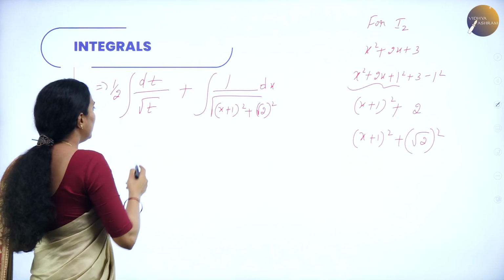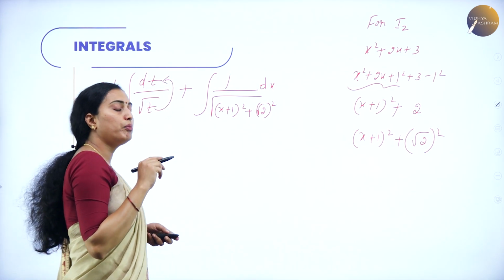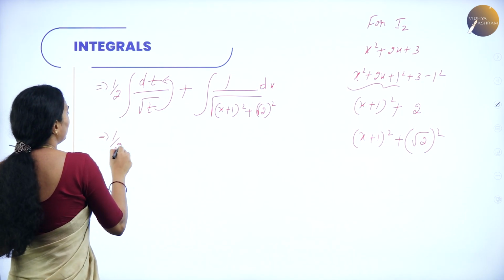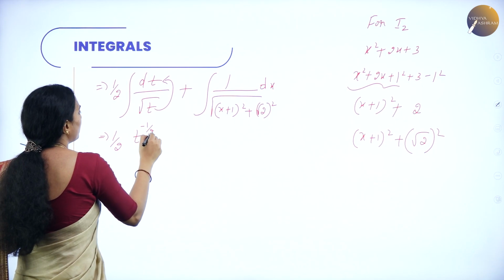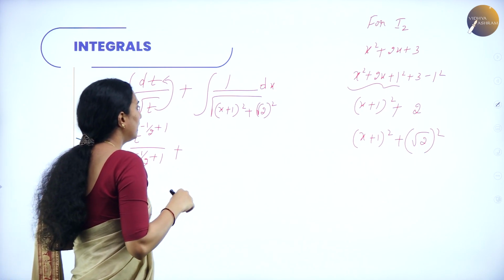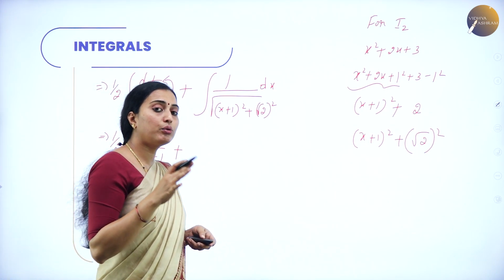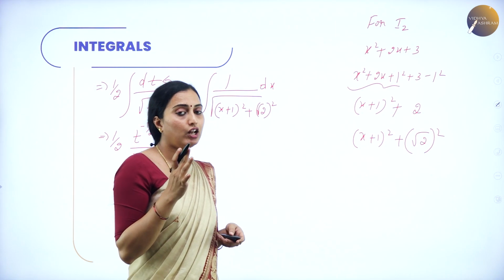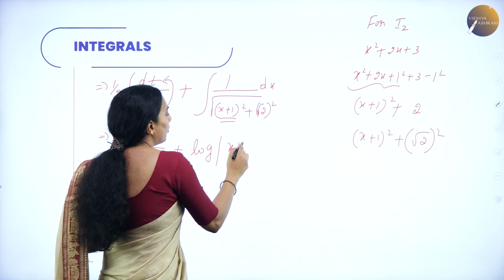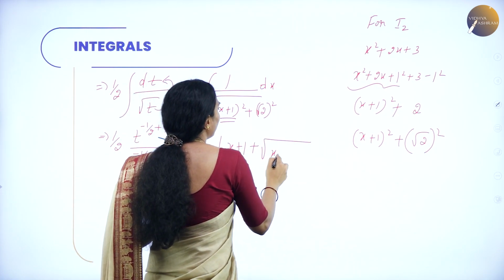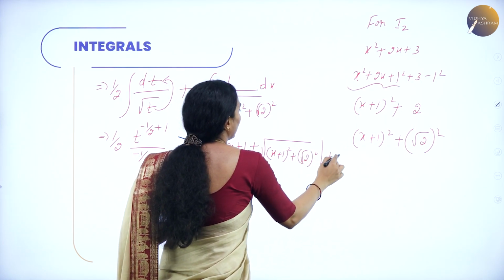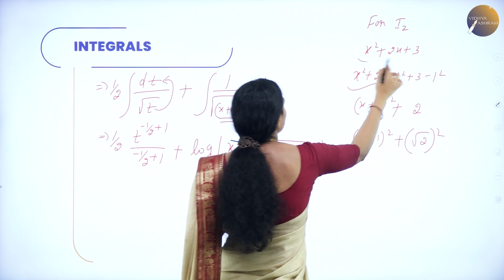Now this will become, taking root t to the numerator, t to the power of minus half, which is 1 by 2 into t to the power of minus half plus 1 divided by minus half plus 1, plus you are getting here 1 divided by under the root x squared plus a squared is given by log of modulus of x plus 1 plus under the root of x plus 1 whole squared plus root 2 squared plus c. Now if you reduce this one, it will move back to the same equation.